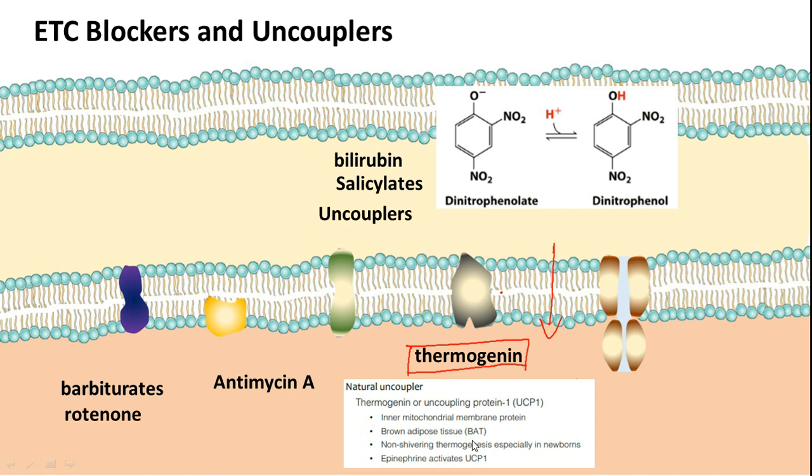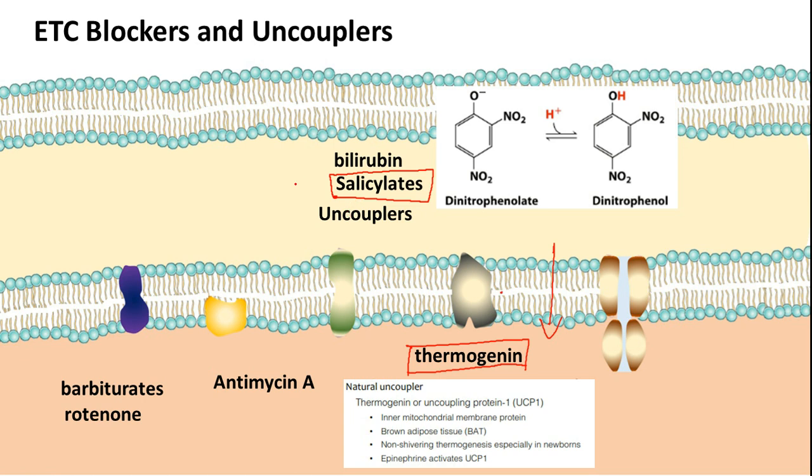Friends, the electron transport chain blockers and uncouplers are of significant importance for pharmacy graduates, because the drugs that we can see here, barbiturates, salicylates, dinitrophenol, these are all drugs that we have right now in the market. But one more very important point: salicylates are used for reducing pain in our body.